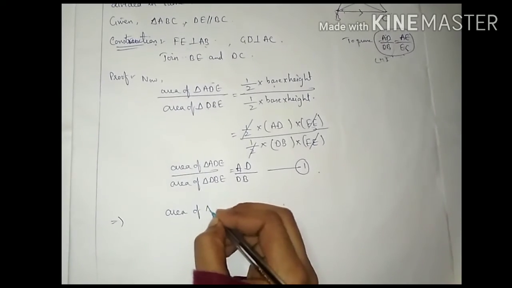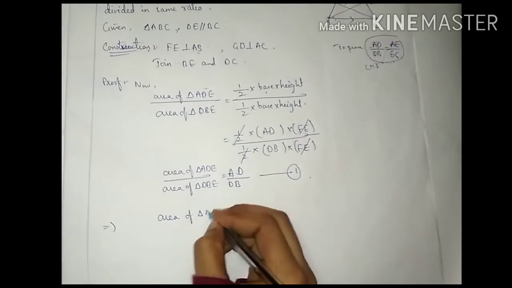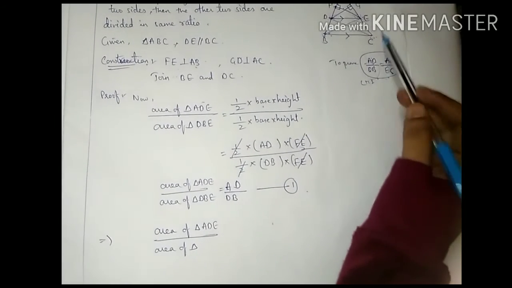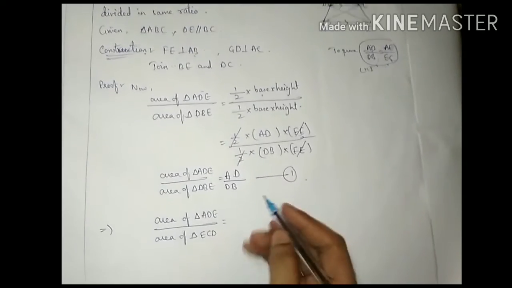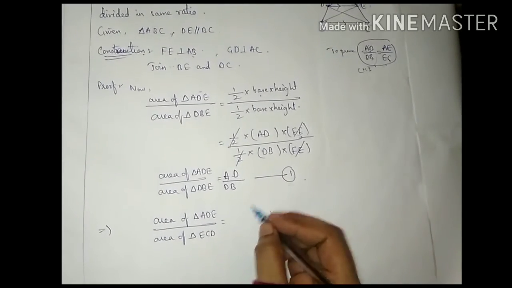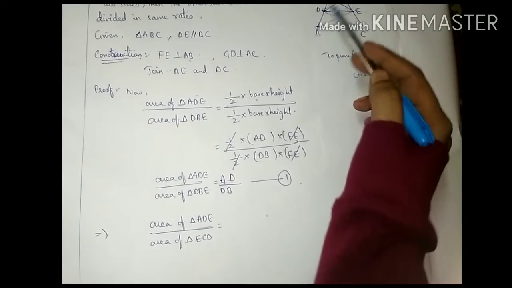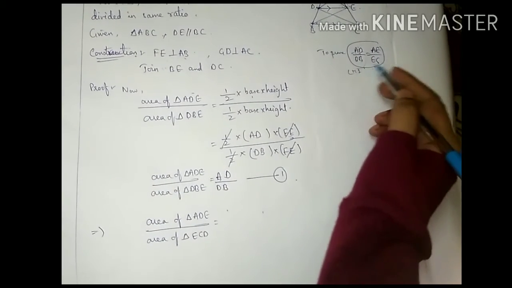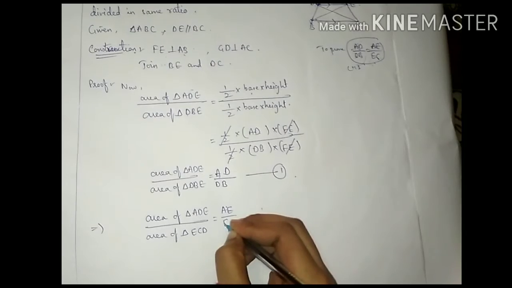Area of triangle ADE by area of triangle ECD. Same, you get half into base into height, base AE and EC, height GD. GD gets cancelled, you will get AE by EC. Similarly you can do AE by EC.